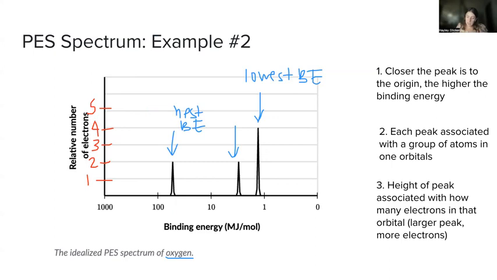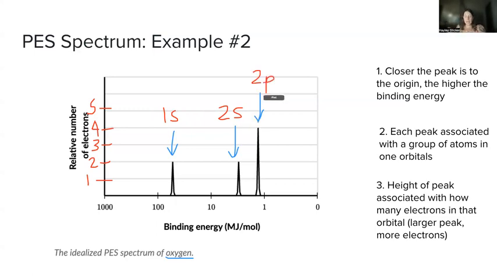We can first identify what orbitals these are representative of. The peak closest to the origin is going to be our 1s orbital. The next highest binding energy is going to be our 2s. And the next is going to be our 2p.